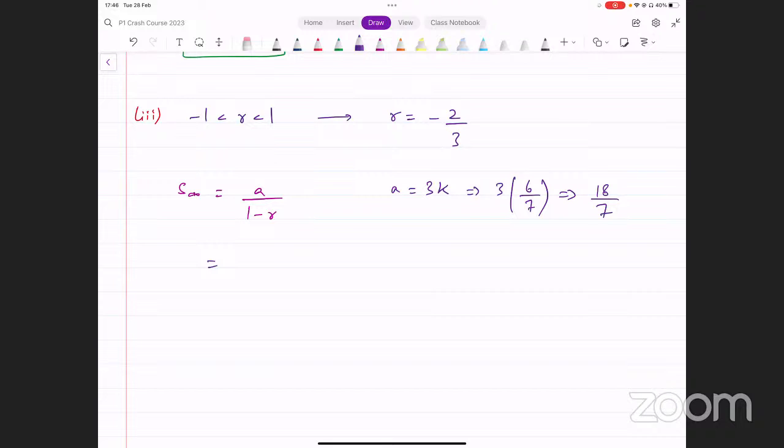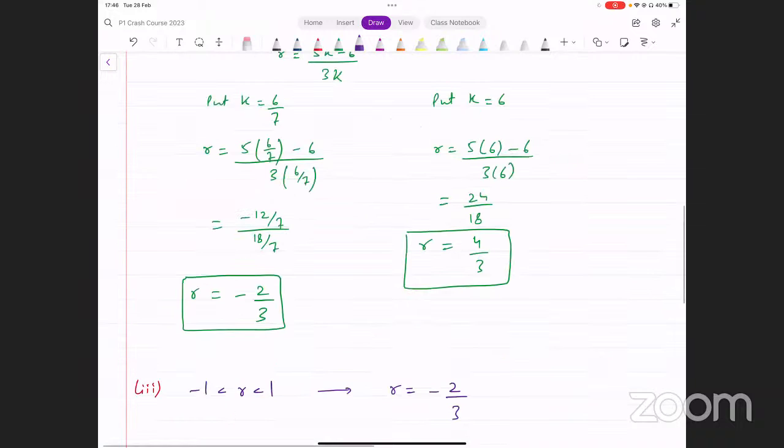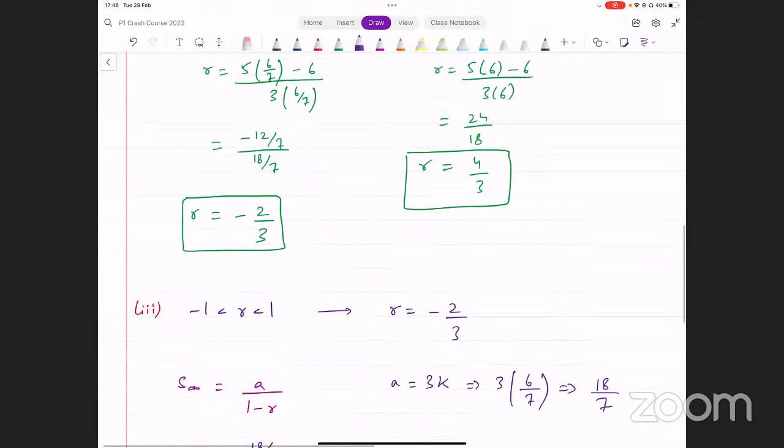And just input values in the formula. The sum is 18/7 divided by 1 minus minus 2/3. So that becomes 18/7 divided by 1 plus 2/3, which is 5/3. Now we need to find the sum to infinity.